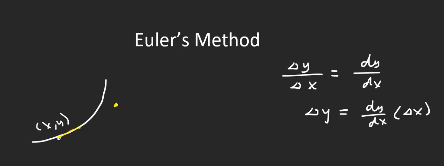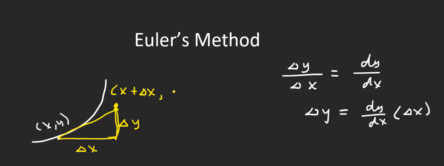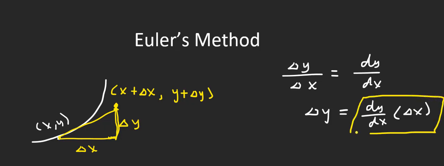From here to here, using linearization, you know that this is delta x and that is delta y. So the new point is going to be x plus delta x comma y plus delta y. And we know that delta y is dy over dx times delta x.